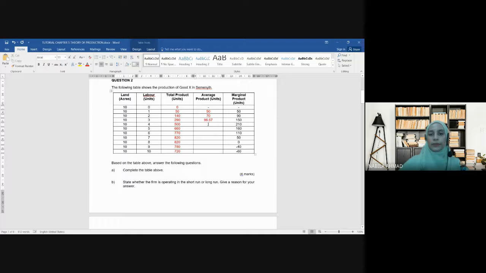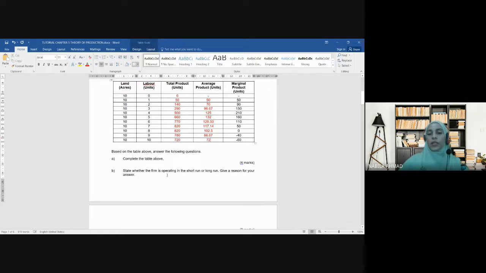Betul tak? 500 divided by 4, 125, 660 divided by 5, 132, 770 divided by 6, 128.33, 820 divided by 7, 117.14, 820 divided by 8, 102.5, 780 divided by 9, 86.67, 720 divided by 10, it's 72. Okay.